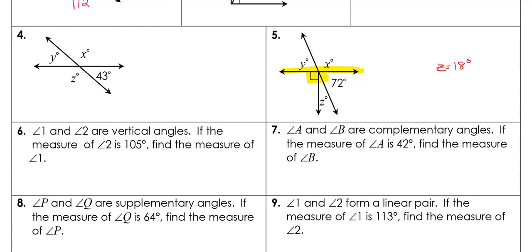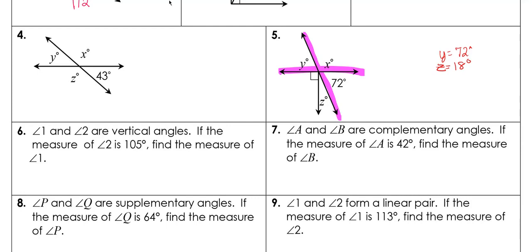And now if you look at Y, those are vertical, so Y is going to be 72 degrees. And now finally, the next one I notice is that X is vertical to Z plus the 90 degrees.